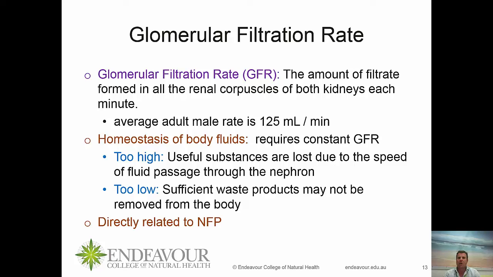Okay, so let's start to think about glomerular filtration rate, and it's kept in a fairly narrow range. Too high, we lose all the good stuff. Too low, we accumulate all the bad stuff. We want to keep our glomerular filtration rate at about 125 mils per minute.